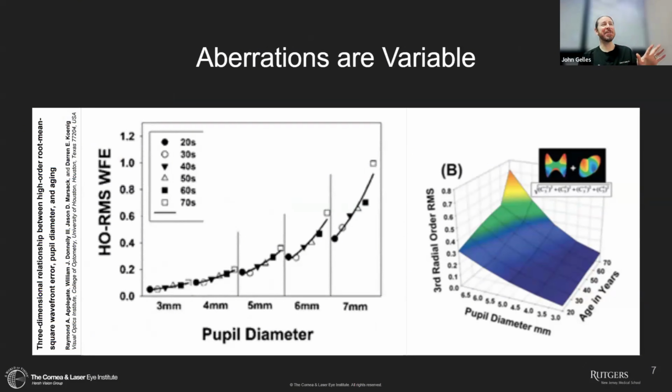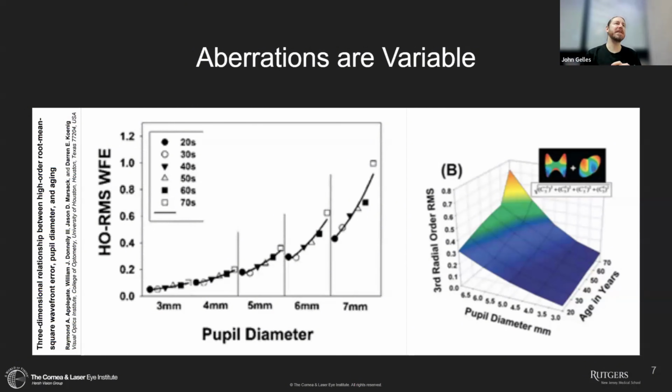So, aberrations are variable. They are going to vary based on the pupil size, and they're also going to be variable based on the age of the individual. As a pupil gets larger, aberrations are going to increase. As an individual gets older, they're also going to increase.